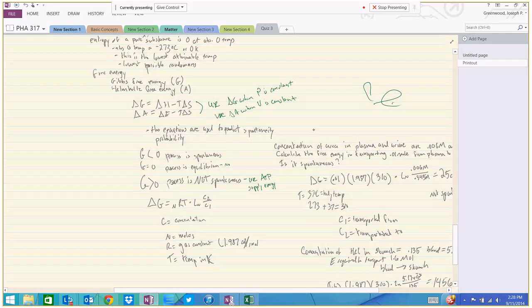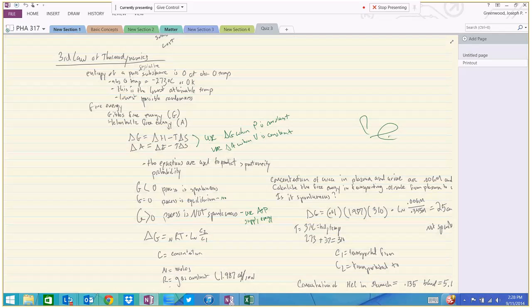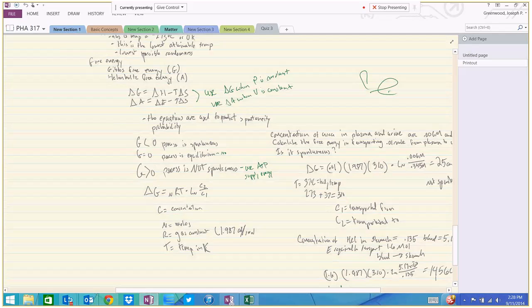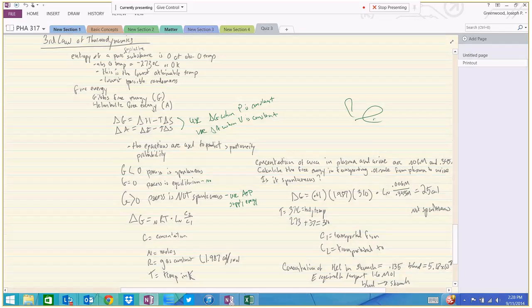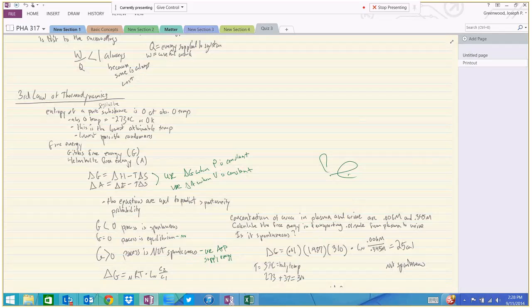So this was after we went over the third law of thermodynamics, which is essentially that the entropy of a pure substance would be zero at absolute zero temperature, meaning there's no randomness. You hear me all right? Mm-hmm. Okay.